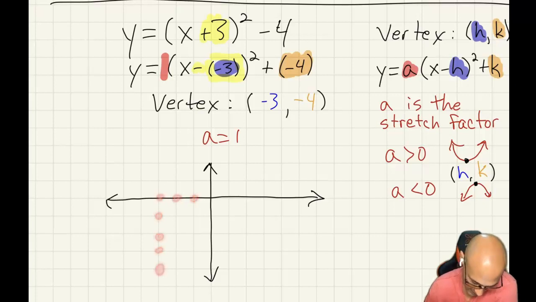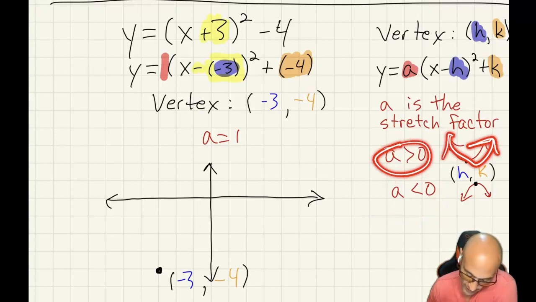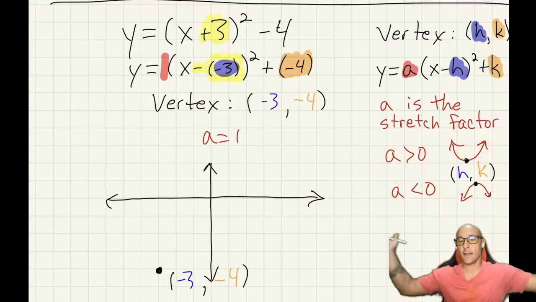Right there is our vertex. And that's going to be negative 3, negative 4. And the a value of 1 is positive, which means our graph's going to go like that. And it's a 1 stretch.